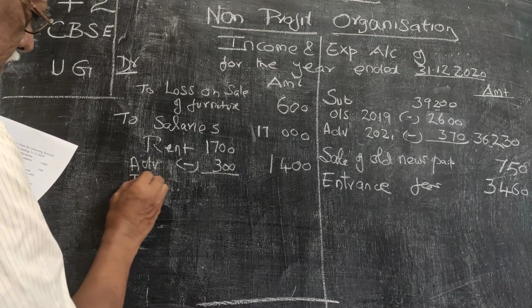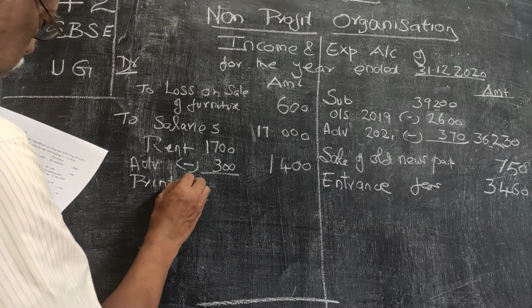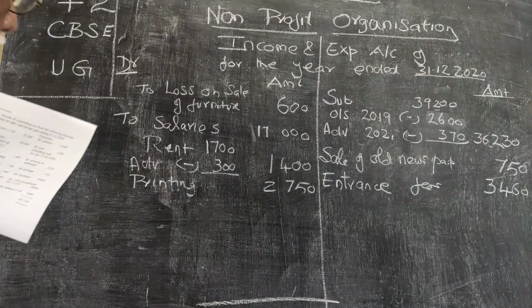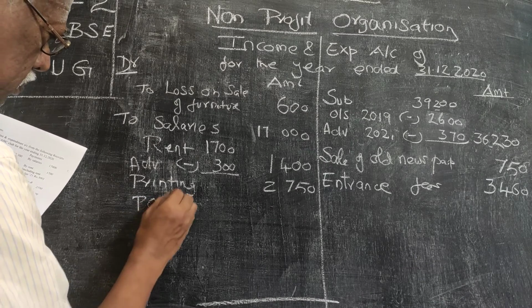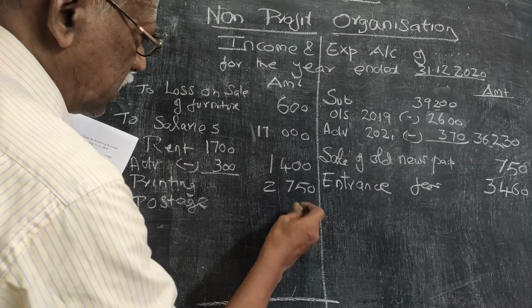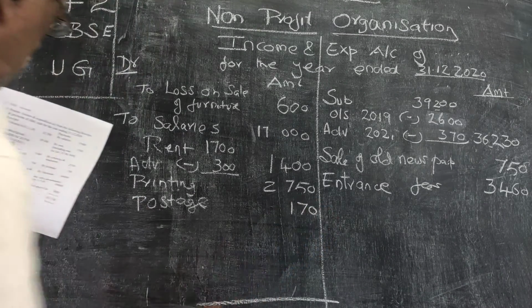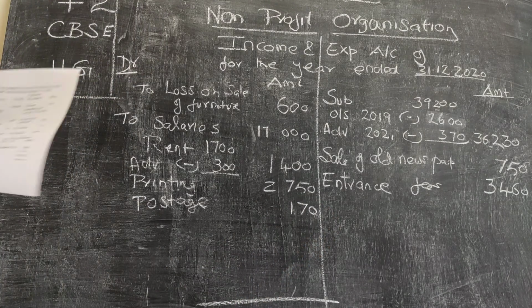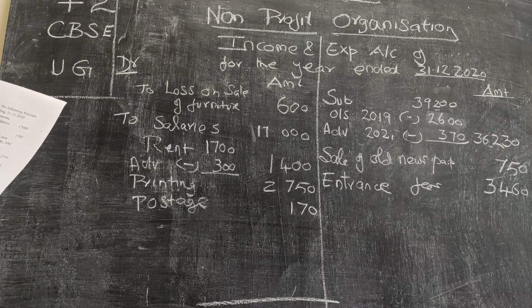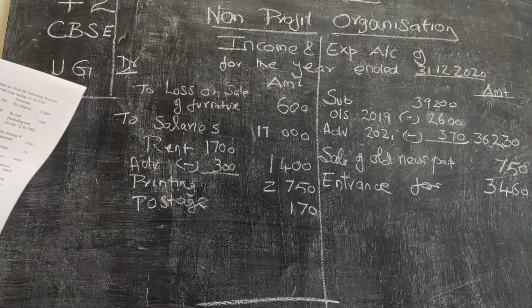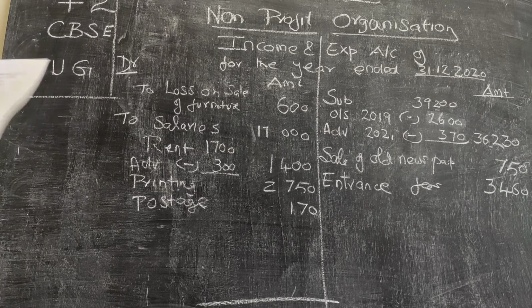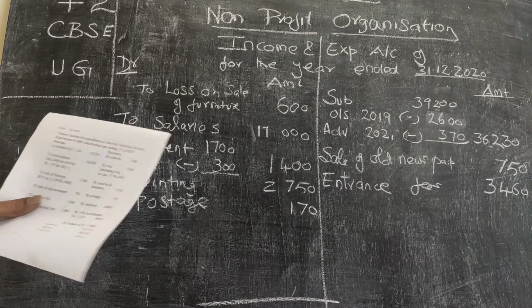Printing and stationery 2,750 rupees. Postage 170. Furniture is a capital payment. So we have purchased furniture which is an asset, so it will not come.